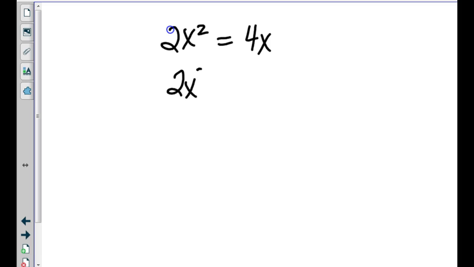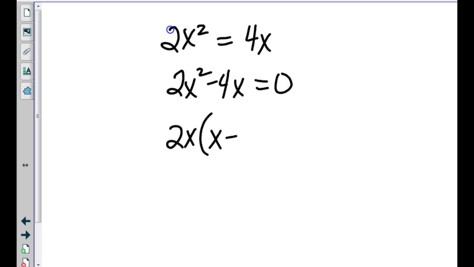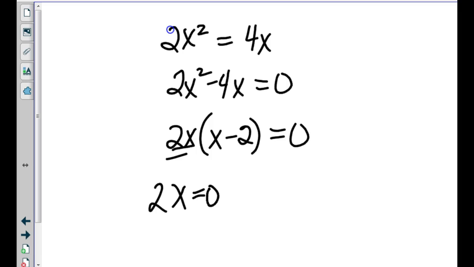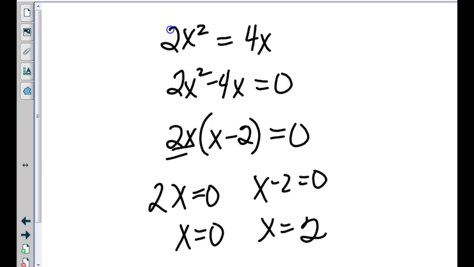Okay, if you subtracted everything over to the same side, then you could factor out a 2 and an x, and you would get 2. Does 2 ever equal 0, guys? No, so if you had the 2x equals 0, you'd get x equals 0. If you had x minus 2 equals 0, you get x equals 2. So you had 2 solutions to this equation.